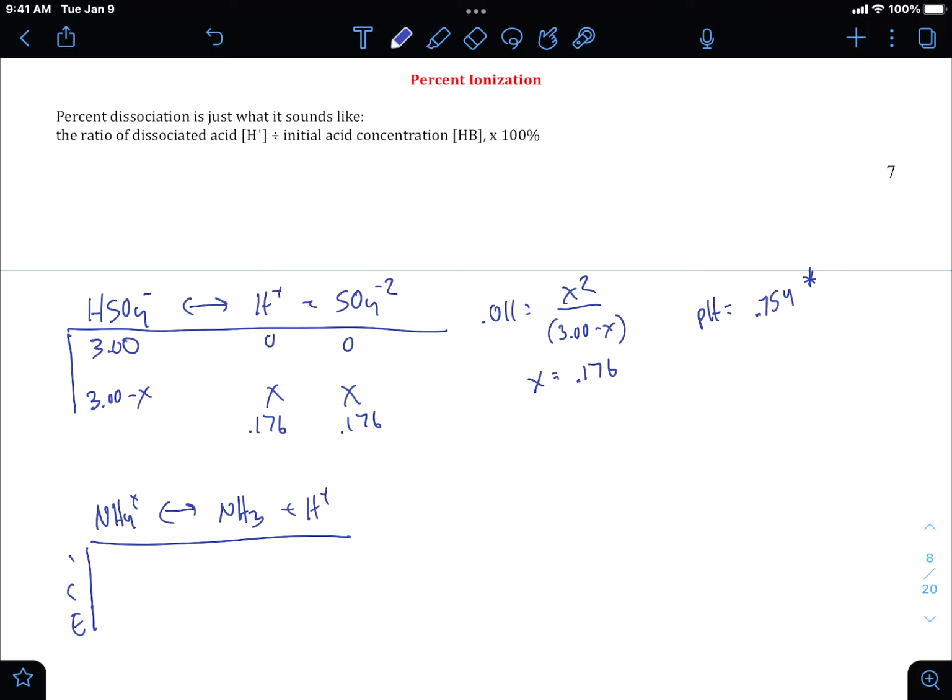So we have just established the concentration of H plus produced from the first equilibrium is 0.176 molar. And because the sequence of dissociation goes strongest and then weakest, this secondary equilibrium now has to establish itself in the wake of the first equilibrium, which produced 0.176 molar H plus, which means this is a common ion problem. This is the initial concentration of H plus that is present in the secondary equilibrium.